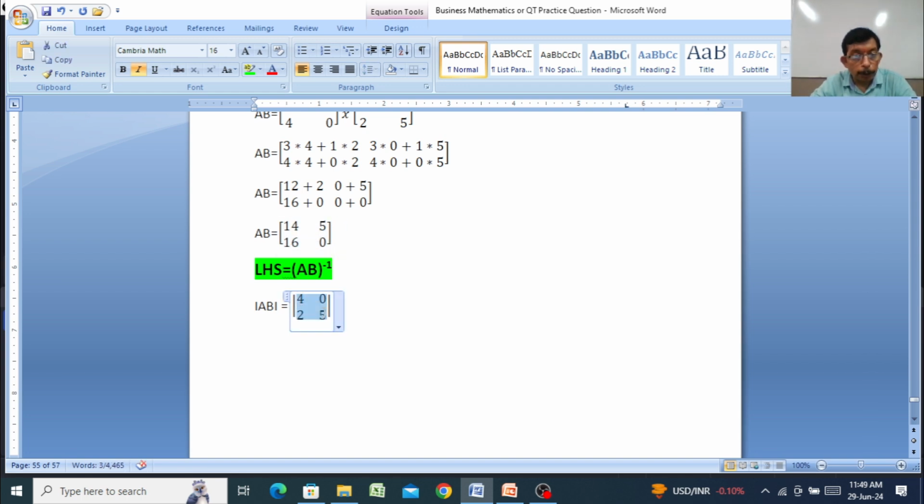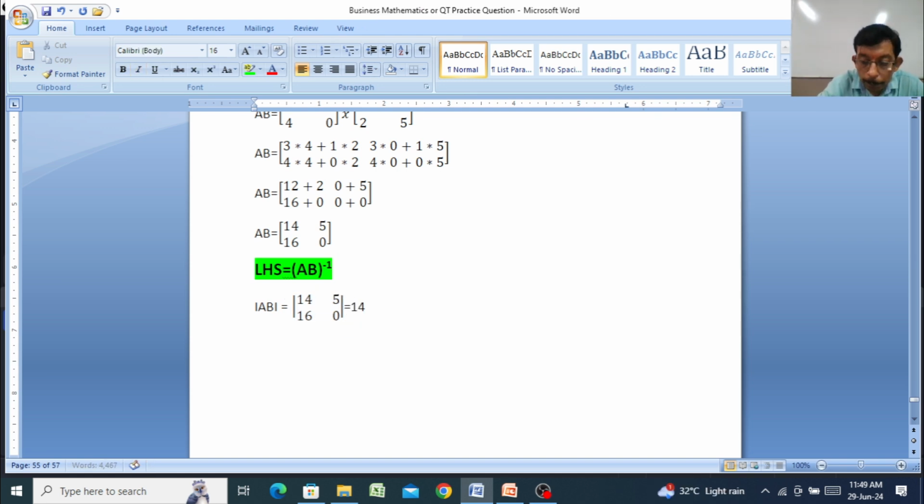Note down here: 14 multiplied by 0 minus 16 into 5 is equal to 0 minus 80. The value is equal to minus 80. It is clear, everyone?